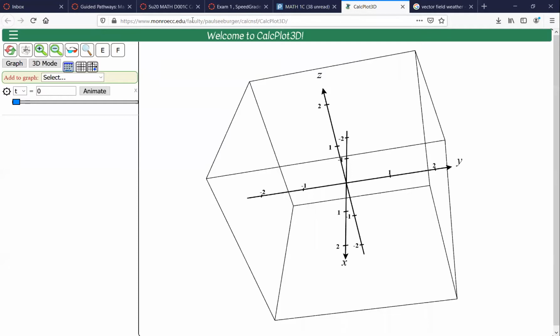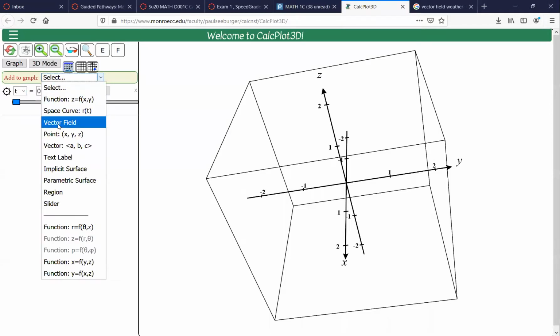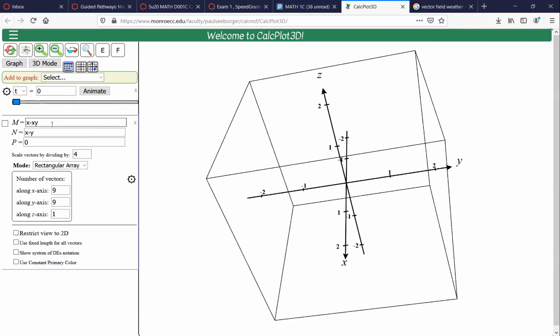Okay, guys, we're going to graph our vector function. So here we select, let's see, vector field. If we use vector field, you need M, N, and P. I don't think that works.